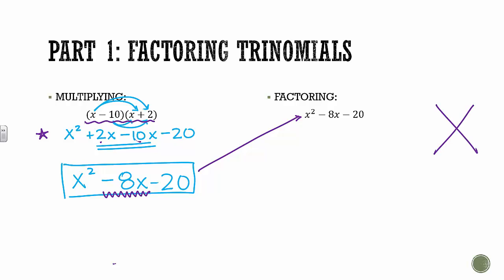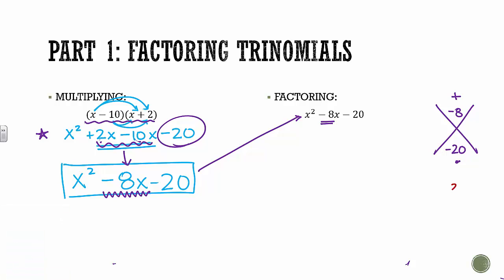What we want are two numbers that add to this number in the middle. And remember, that's because you're going to combine them to get to that number in the middle. And we want them to multiply to this number that's out here, this -20. 2 and -10 multiply to make -20. So you stop and you rack your brain. What numbers do this?